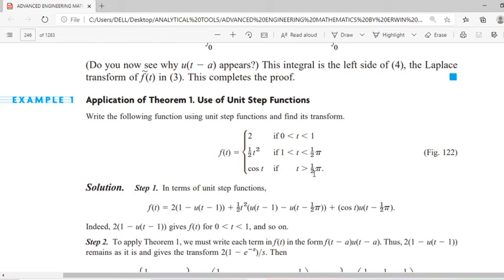So in between 0 and 1, only the first term is nonzero. That is why f of t is equal to 2 into (1 minus u of t minus 1), that equals 2. So that is f of t.